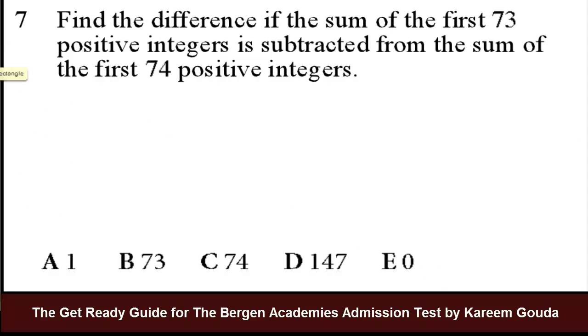Number 7. Find the difference if the sum of the first 73 positive integers is subtracted from the sum of the first 74 positive integers. Okay. So the sum of the first 73 positive integers is 1 plus 2 plus 3, up to 72 plus 73.